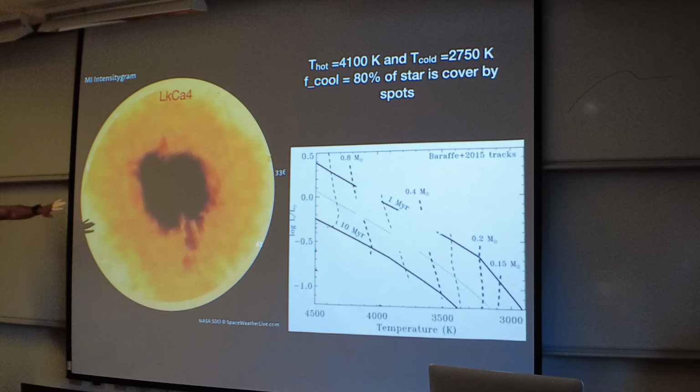So this is an HR diagram where we have luminosity on the y-axis and temperature on the x-axis. Temperatures go this way. And we can use HR diagrams and stellar evolutionary models to go from temperatures of stars to masses of stars. That's something we do all the time in astronomy.